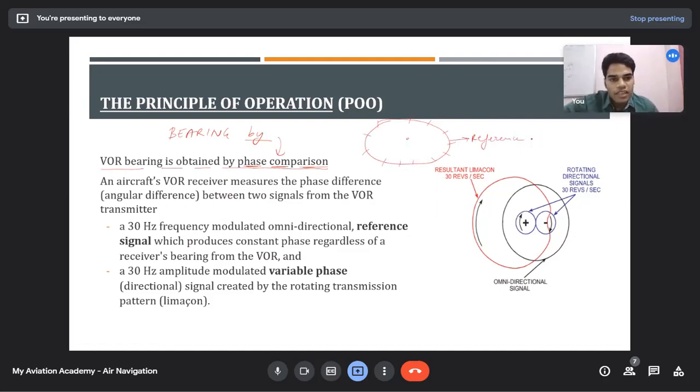This is the reference aerial or wave. Now, what I'm talking about reference is that this is the one which is sending out signals in all the directions. And the variable one, okay, what happens with the variable one? There is another one which is spinning, which I have shown you in the video. Okay, it is spinning or rotating.